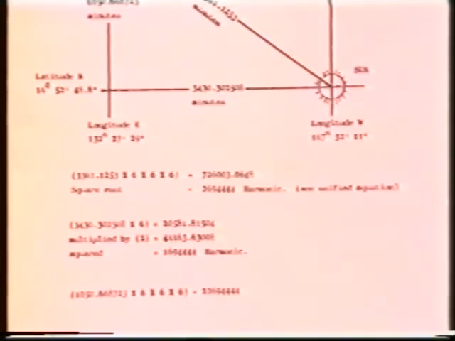And as you see there, when you work it out, the distance from the sun to Hiroshima at the time of detonation was 3361 point so-and-so minutes of arc. Now you do that process again with a 6 to hit the harmonic, and the square root of that, which is the same process you do in the unified equation when you take the square root, gives 2694444, which is the answer to the unified equation.